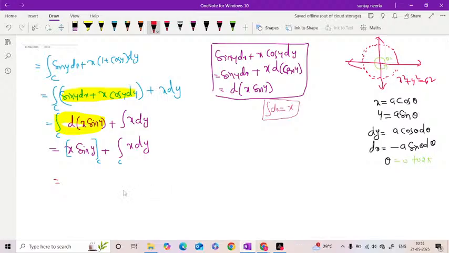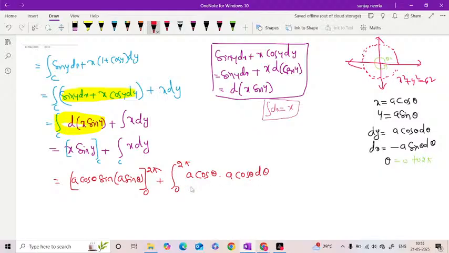Already we know the x value is a cos theta and y is a sin theta, with limits from 0 to 2 pi, plus now the second integration, which we have not evaluated yet. Now the integral from 0 to 2 pi, x value is a cos theta and dy value is a cos theta d theta.